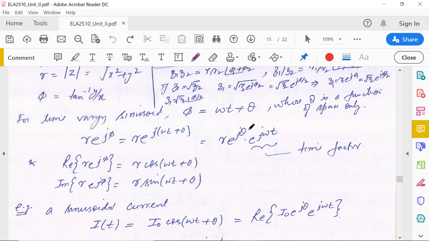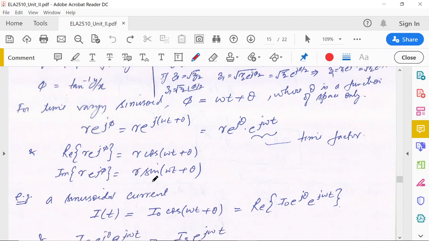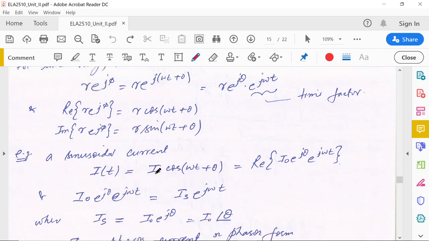It is independent of time. If we take the real part of r e to the power j phi, it will become r cos phi, and phi is omega t plus theta, so you have r cos of omega t plus theta. Similarly, the imaginary part of this will become r sin of omega t plus theta. For example, let's take a current as a function of time. The instantaneous current is I naught cos of omega t plus theta.